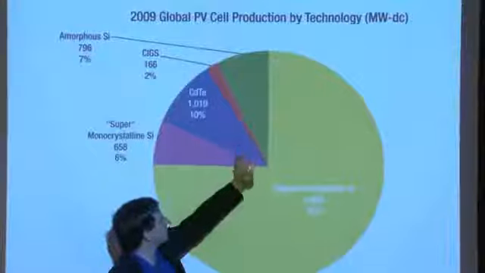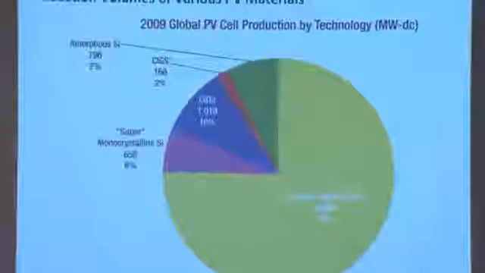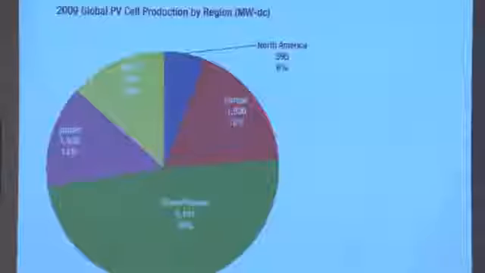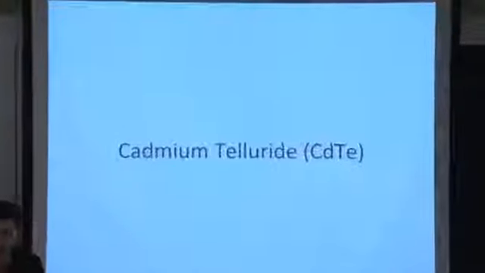So you could think of this red portion growing at the expense of the green, if you want to translate this into 2010 numbers. So what is CIGS, CdTe, amorphous silicon? What are those materials? Well, we'll get into that. I think the best thing to do is to leave this for next class.